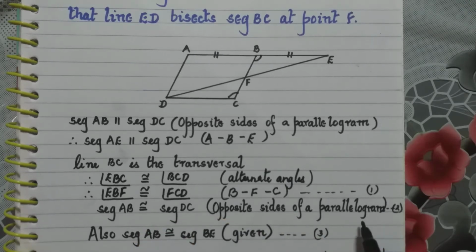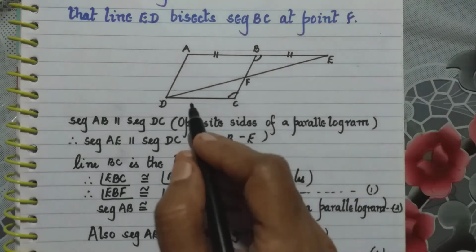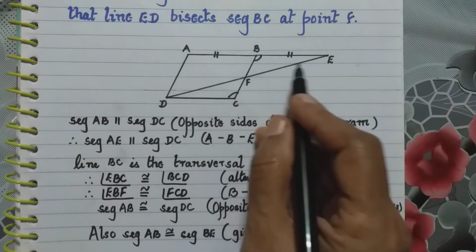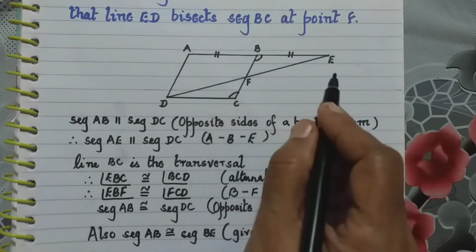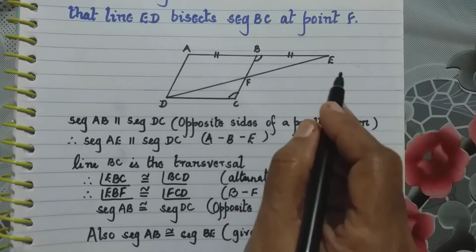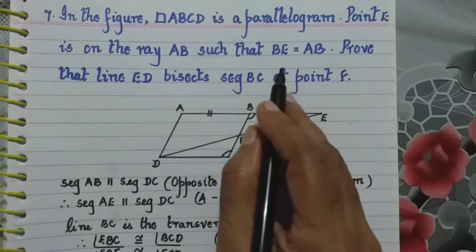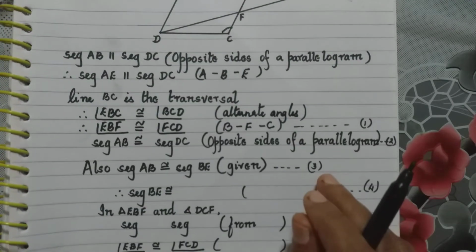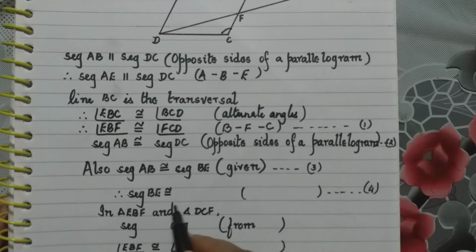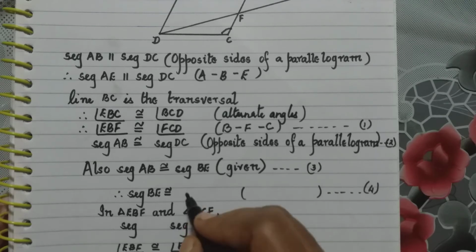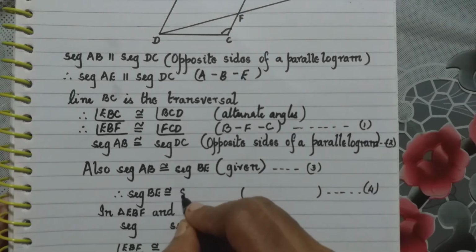Why? Because they are opposite sides of a parallelogram. And segment AB is also congruent to segment BE. Who has told us that? It was given. So here I can write segment BE is also congruent.